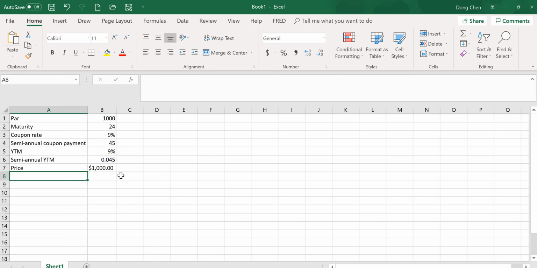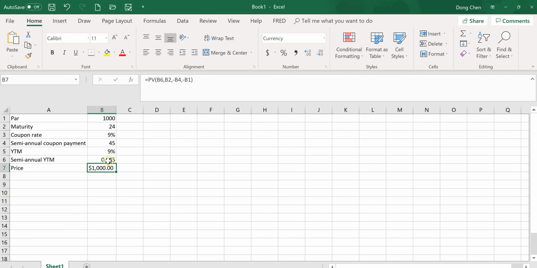So in this case, you can see that the price as calculated exactly equals the par value. And that's not a coincidence. The reason is based on the 4 important relationships we talked about in this session: if the YTM turns out to be equal to the coupon rate, here the semi-annual coupon rate, then the price will equal the par value, and that's the case.